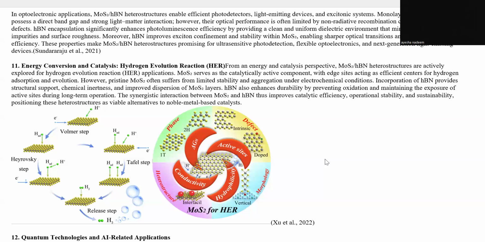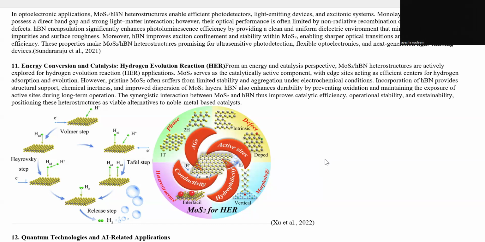However, pristine molybdenum disulfide often suffers from limited stability and aggregation under electrochemical conditions. Incorporation of hexagonal boron nitride provides structural support, chemical inertness, and improved dispersion of molybdenum disulfide layers.